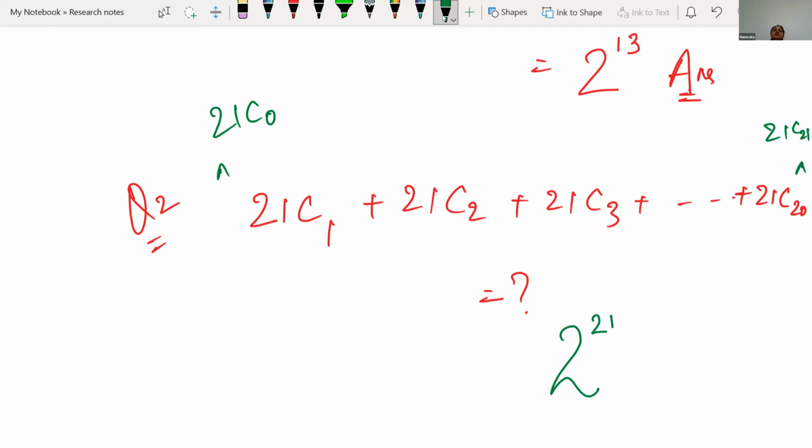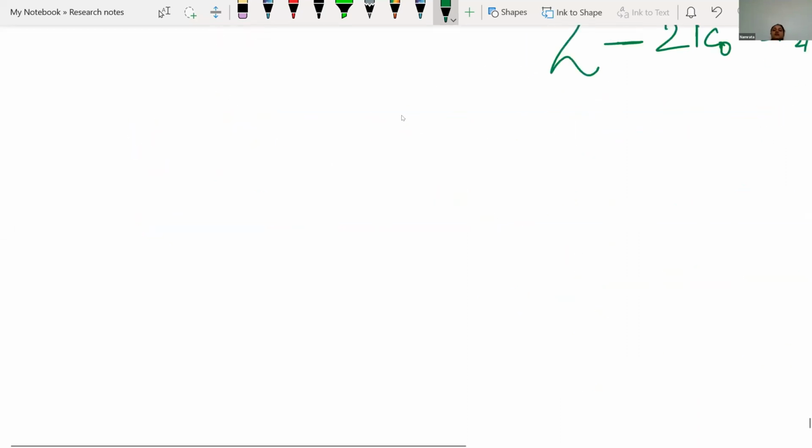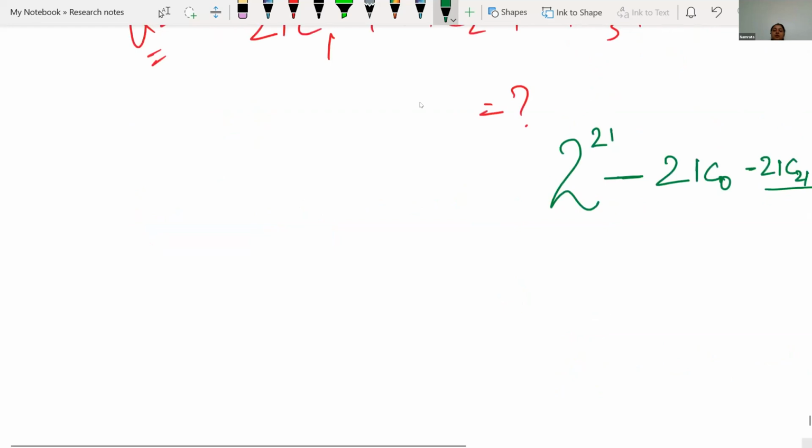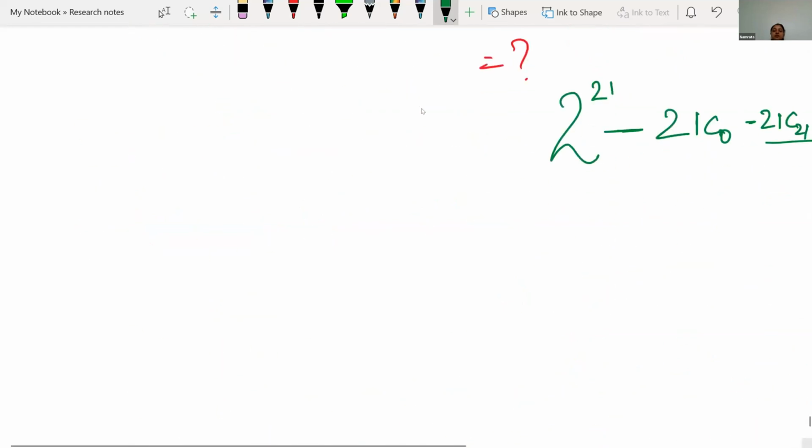Yes, ma'am. Since these two terms are missing, from 2 to the power 21 we need to subtract 21C0 and 21C21. Getting it? Yes, ma'am. And we know how to calculate 21C0, and we also know how to calculate 21C21.